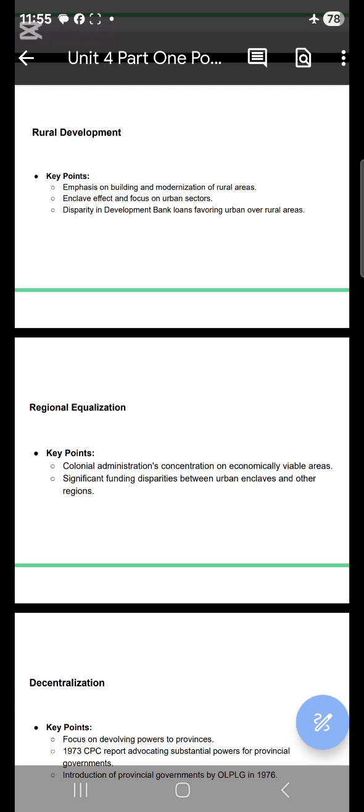So when you have economic activity focused in the urban areas, then the only logical way is to spend more government expenditure in the urban centers and not the rural areas.